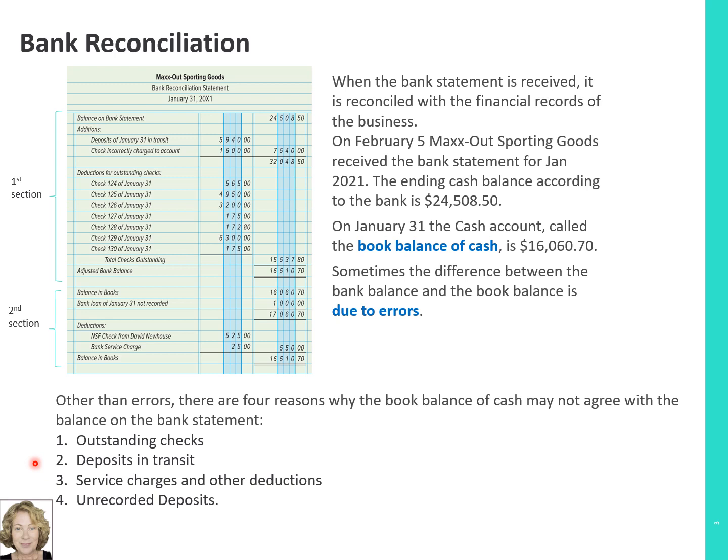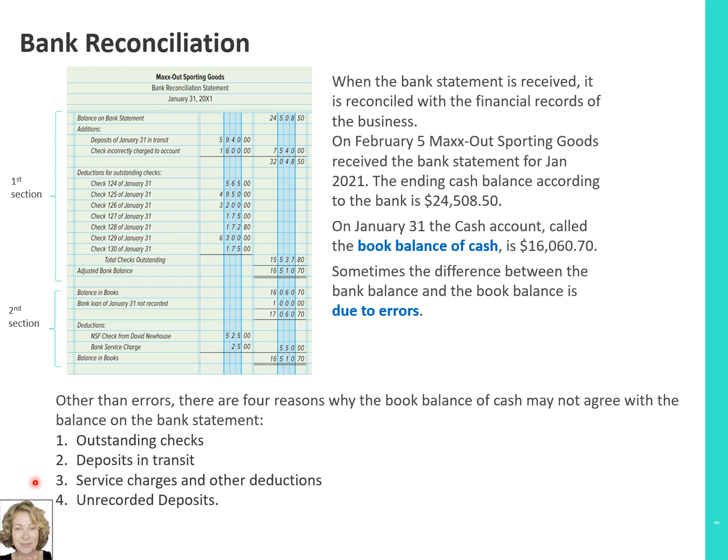For instance, a deposit is made on the last day of the month, but the bank doesn't post it until the next day. So also service charges and other deductions, deposits that are on the bank statement but not yet recorded in the business records. For example, an electronic deposit was posted by the bank, but the company has not yet recorded it.